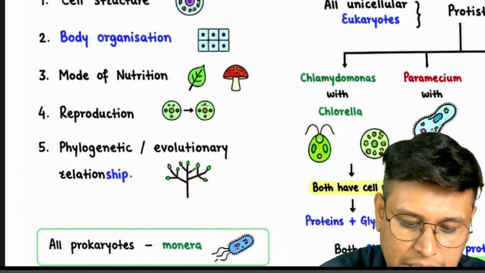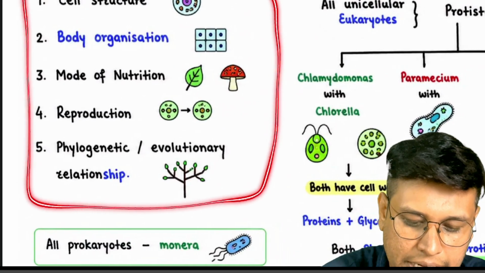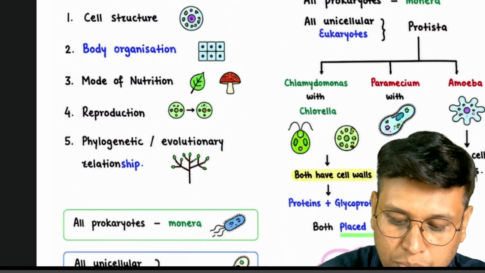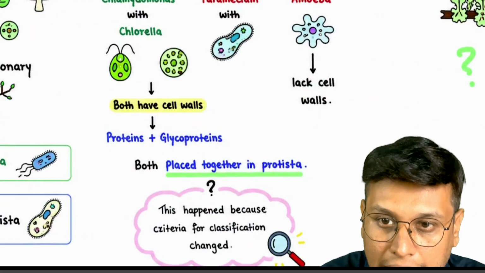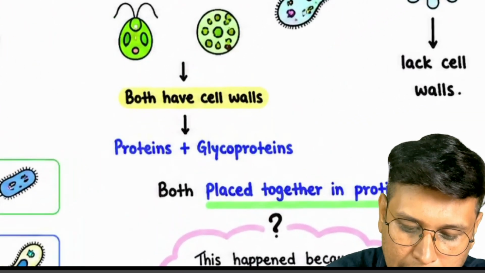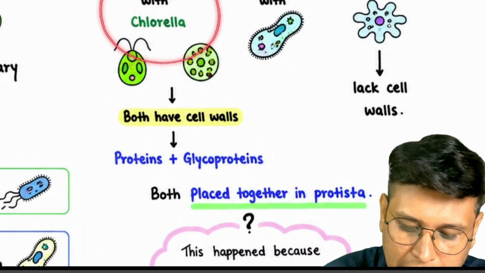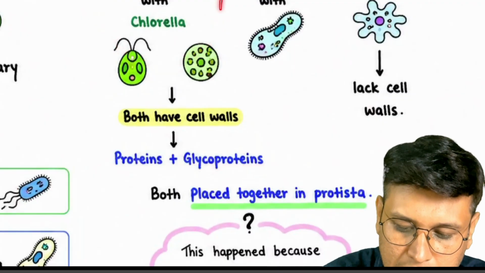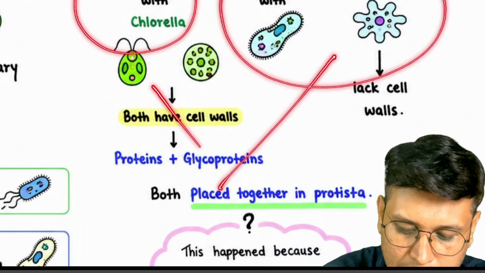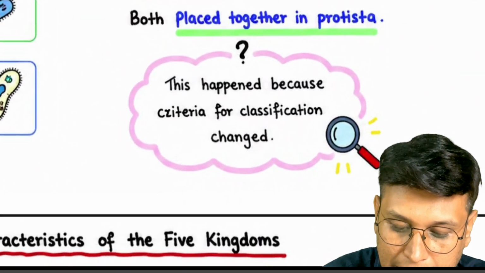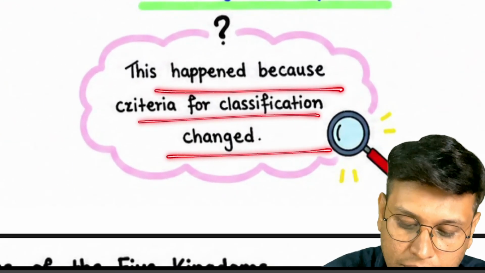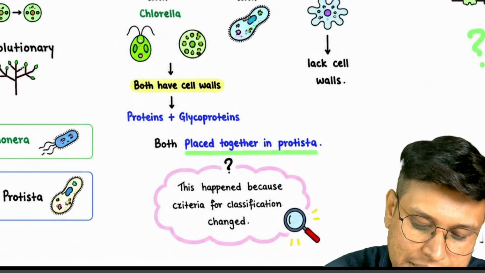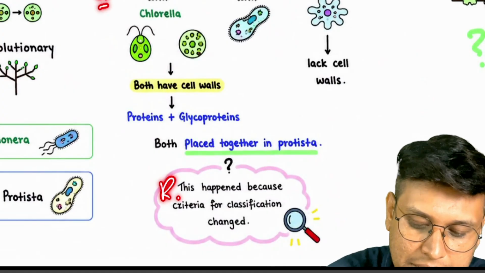They have gone with comprehensive criteria, which is more scientifically accurate, producing a more scientifically accurate classification. Chlamydomonas and chlorella have proteins and glycoproteins in their cell wall, and amoeba and Chlamydomonas are both placed together in Protista. This happened because the criteria for classification changed. This could be a reason and this could be an assertion.